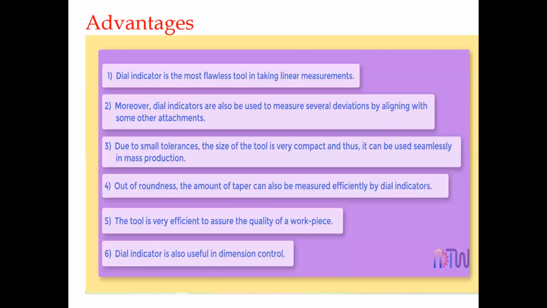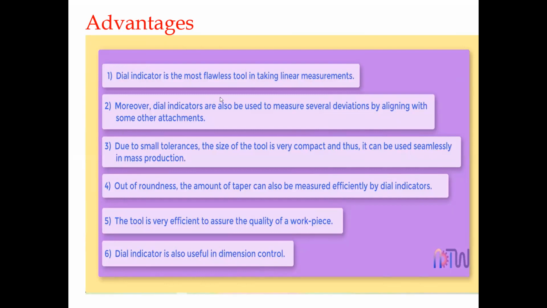Advantages. What are the advantages of dial indicators? The first advantage: the dial indicator is the most flawless tool in taking linear measurements. Without any defect and variation, it gives accurate linear measurements.